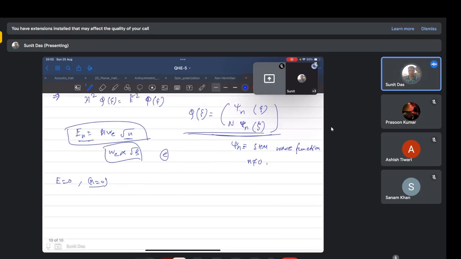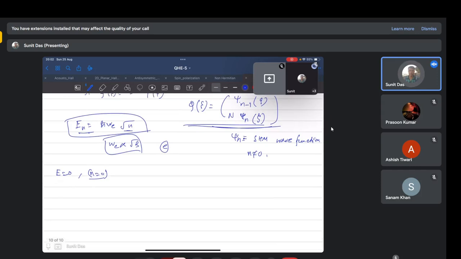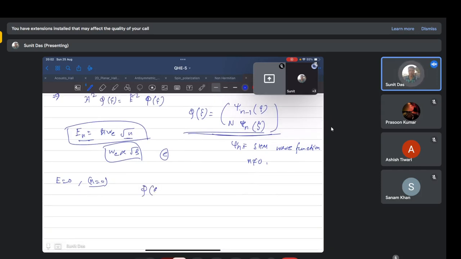So I have made a mistake, so this will be n minus 1. So for n equal to 0, if you take phi xi, you end up with psi minus 1 xi and some normalization constant psi 0 of xi, right? So this is the equation for n, and this is for n equal to 0. So you end up with psi minus 1, but there was no state like minus 1 in the simple harmonic oscillator, right?